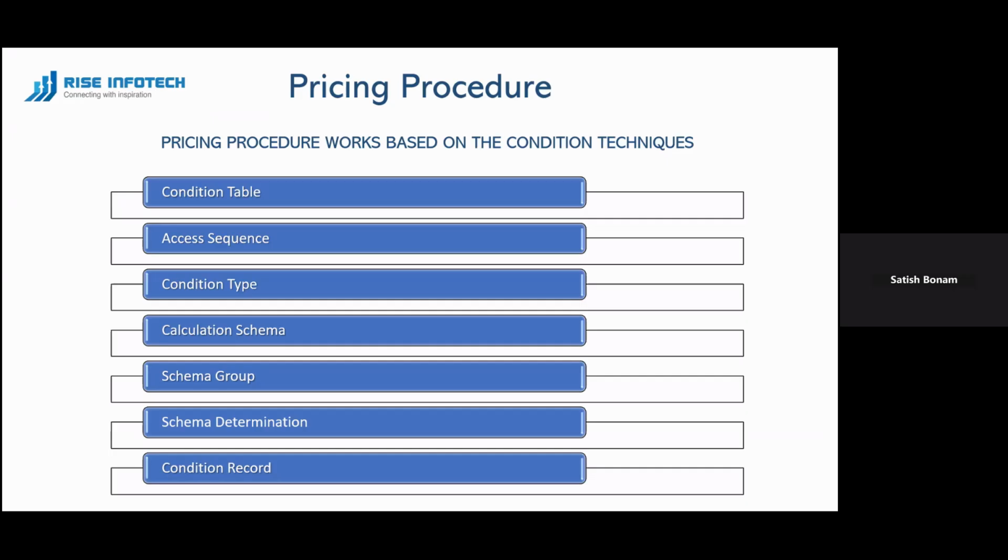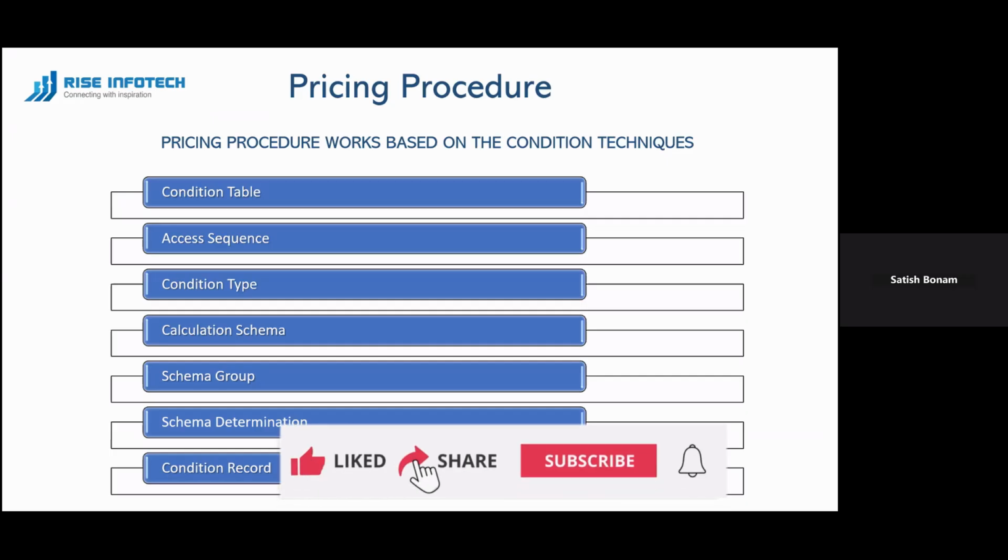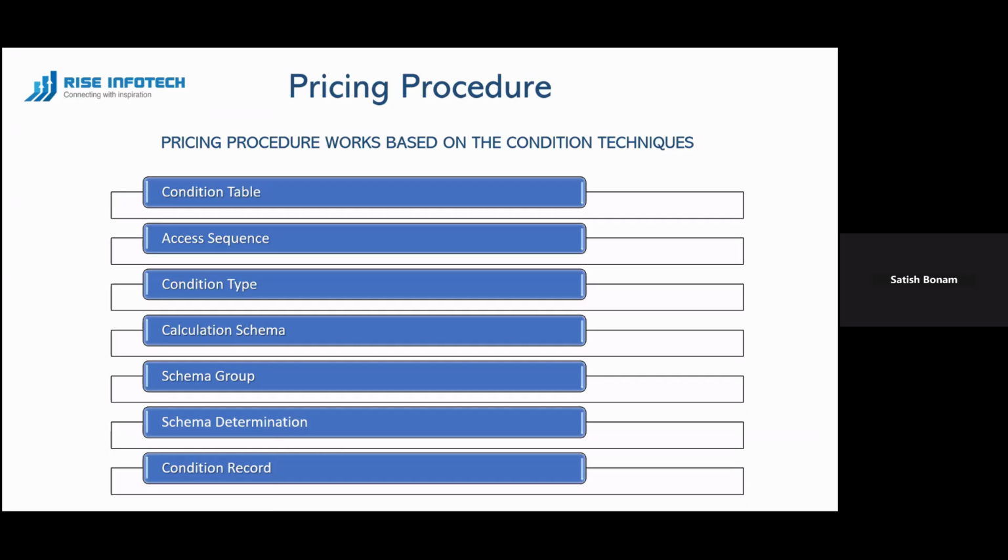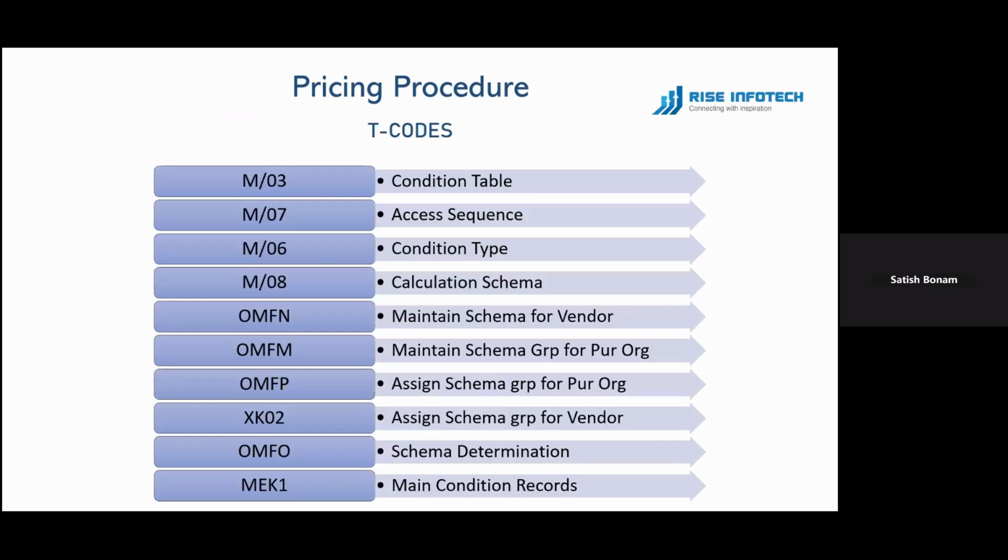Schema determination is a combination of assignment, that is, calculation schema assigned to vendor schema group and purchase organization schema group. And the last one is condition record. Condition record allows you to store and retrieve pricing data in the system. Condition record can be fetched via access sequence and condition type.